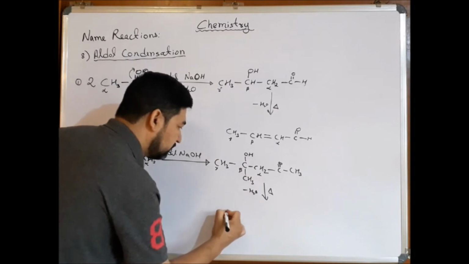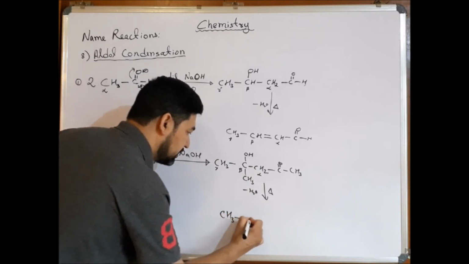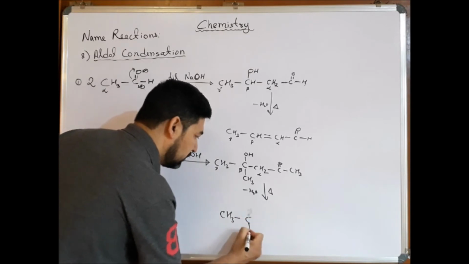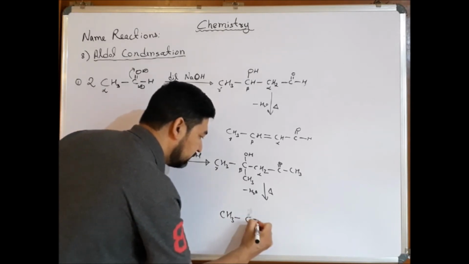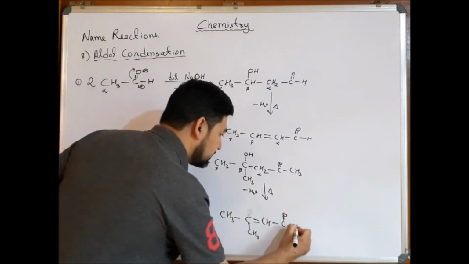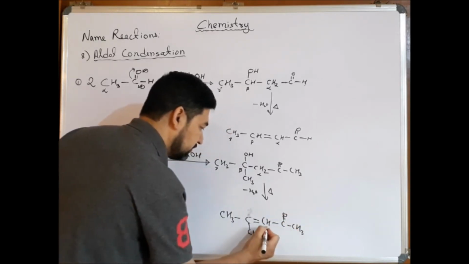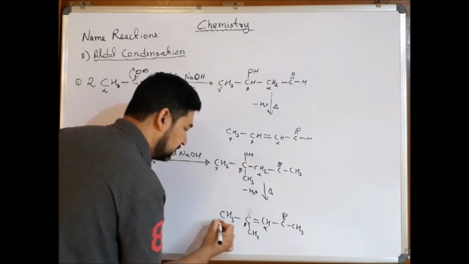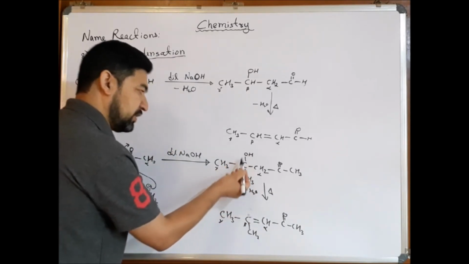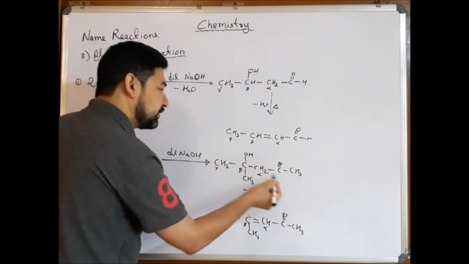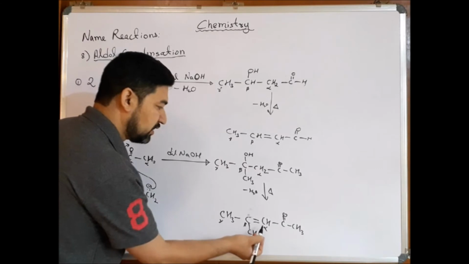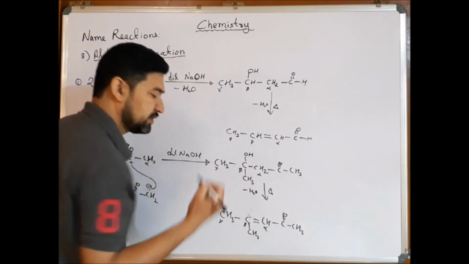So our product will be CH3 C CH3 double bond CH C double bond O CH3. Again this is alpha, beta, gamma. You can see this is a beta hydroxy ketone, and this is an alpha beta unsaturated ketone.